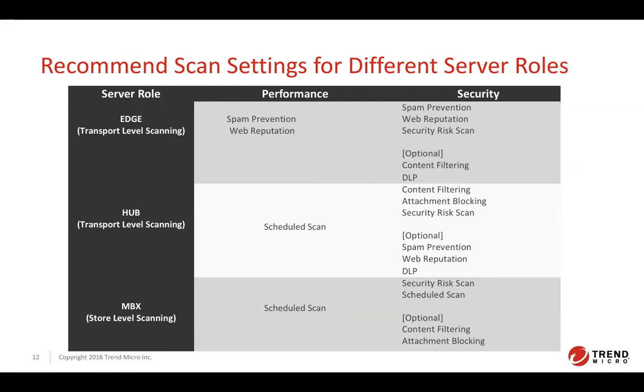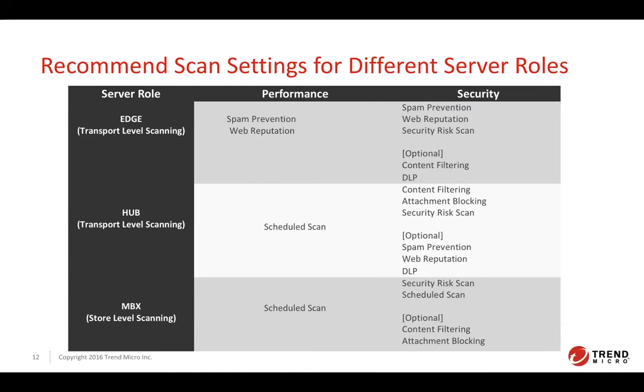Okay, so a few recommendations for scan settings for the different server roles. And this is really to help you find a balance between performance and security. So this is a handy chart to reference. For instance, just to take one example, if we're talking about the edge server role, the transport level scanning at the edge, if you're leaning towards performance, then you're going to want to have spam prevention and web reputation enabled at that level.